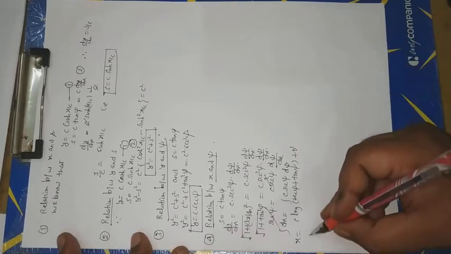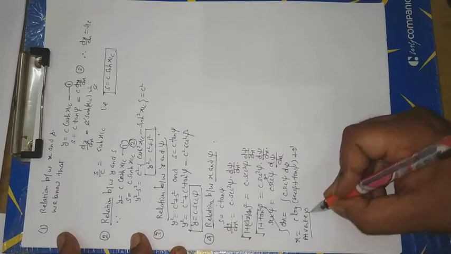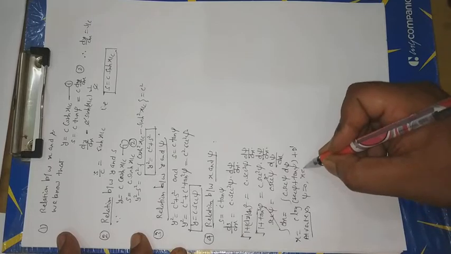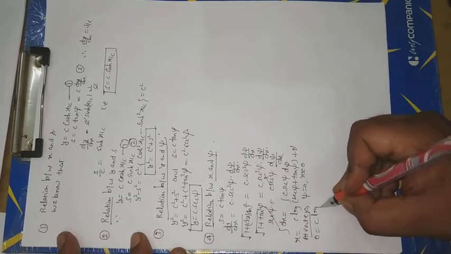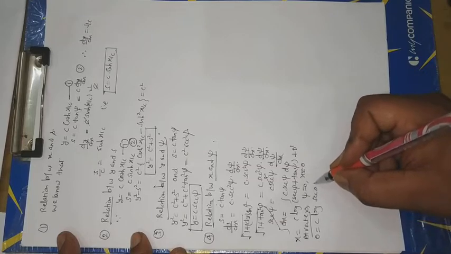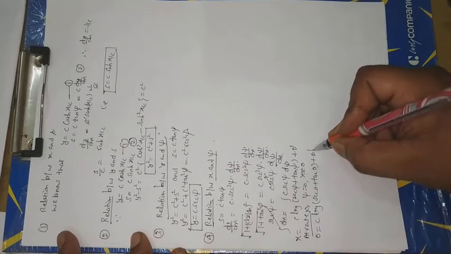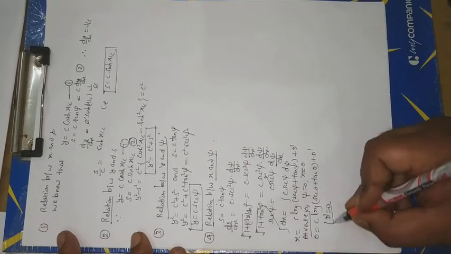Now at the vertex, psi is equal to 0, x is equal to 0. Now 0 is equal to c log(sec 0 plus tan 0) plus d dash. Now d dash is equal to 0.